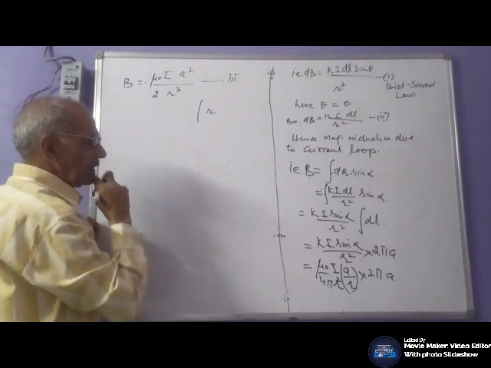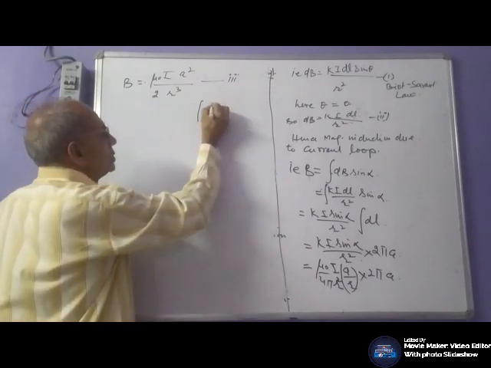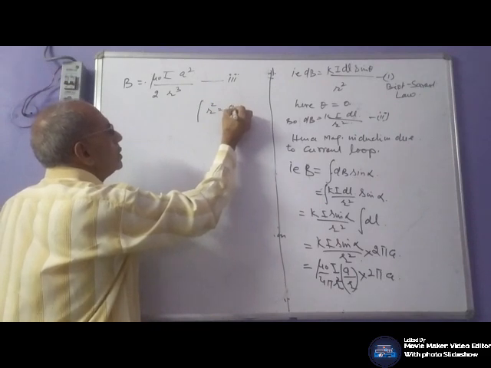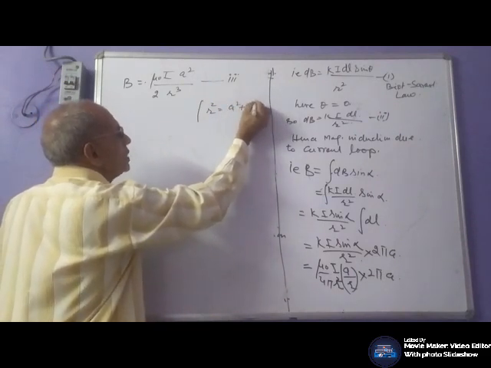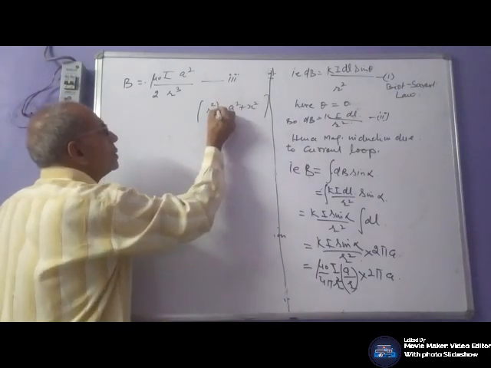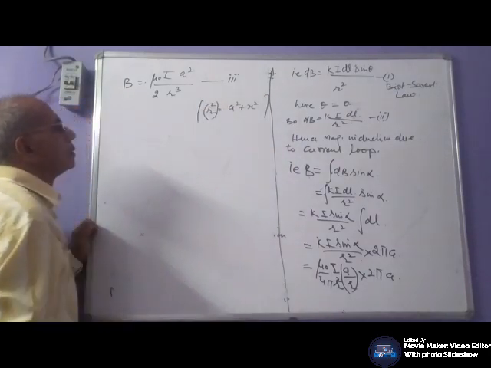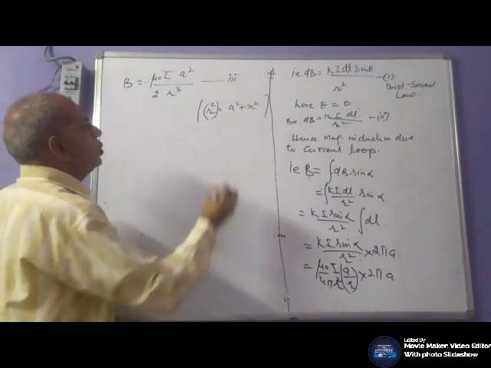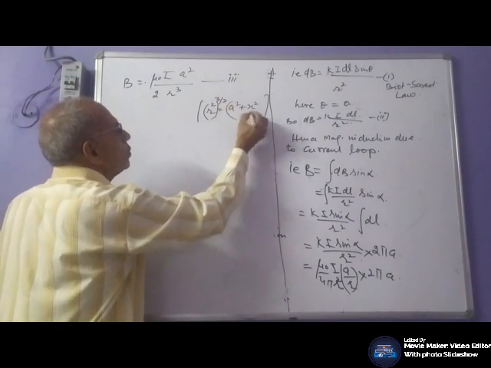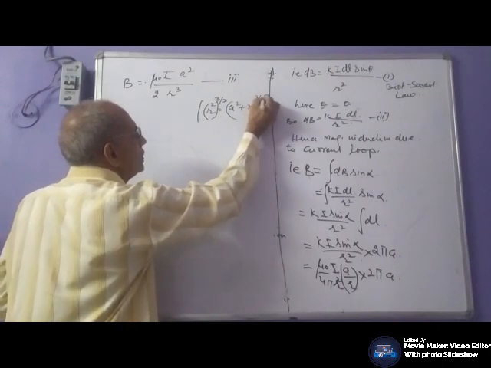See the figure: r square was a square plus x square, so r cube is a square plus x square to the power 3 by 2.